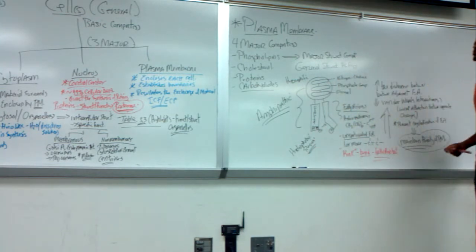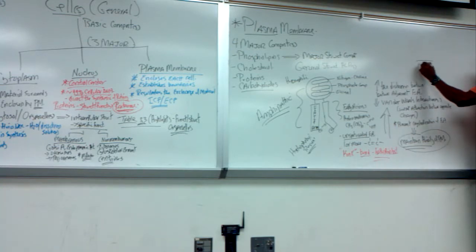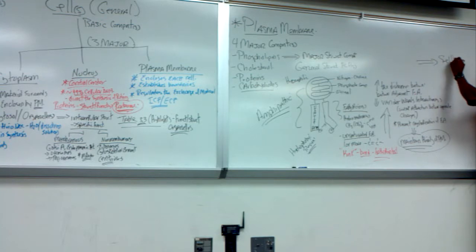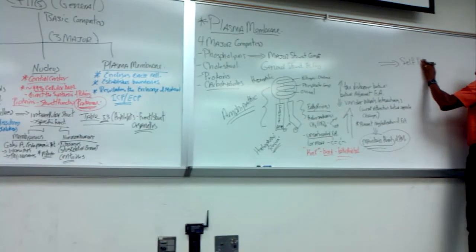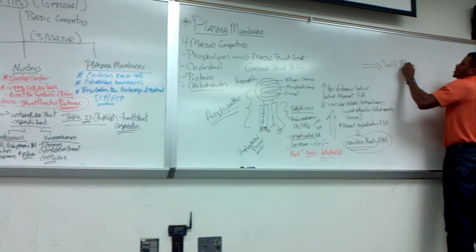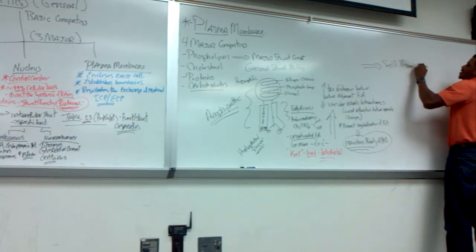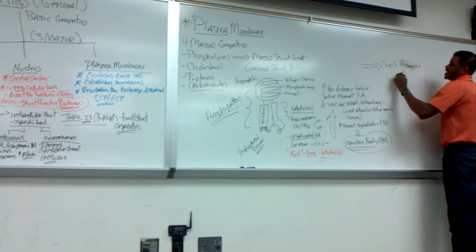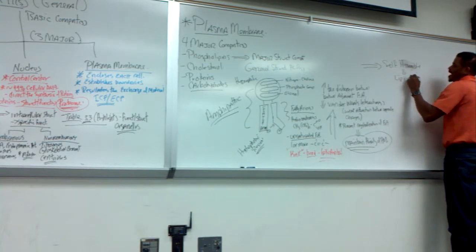And based on the amphipathic nature of the phospholipids, when they're immersed in water, phospholipids will self-assemble, and they will form the lipid bilayer, which is the general structure of the plasma membrane.